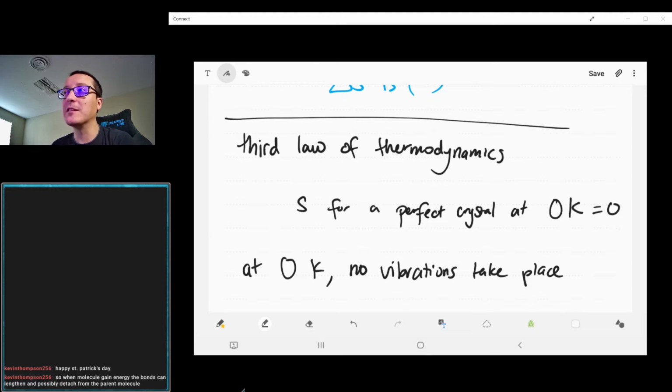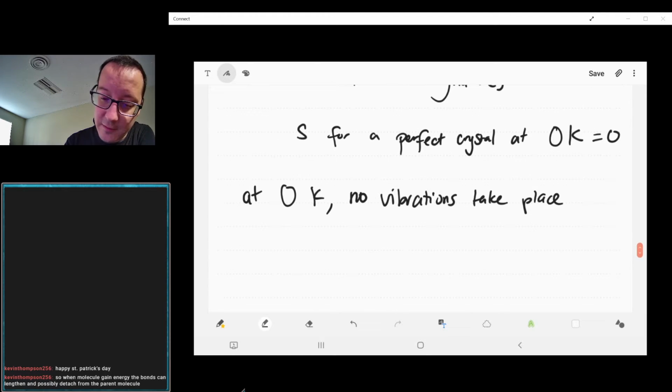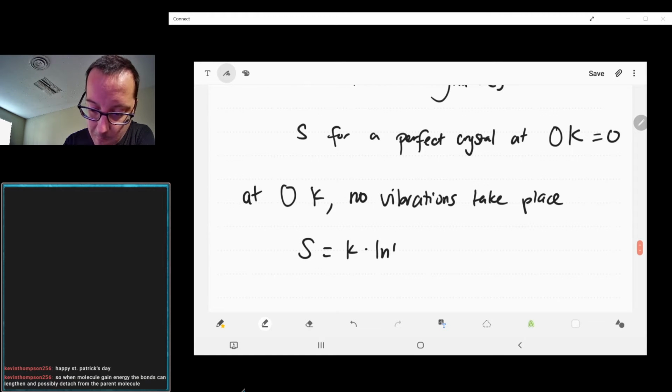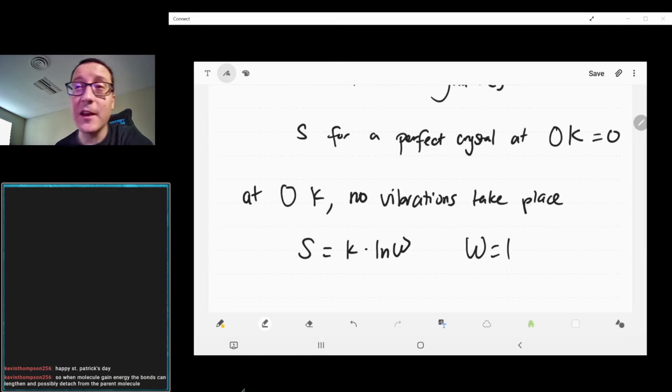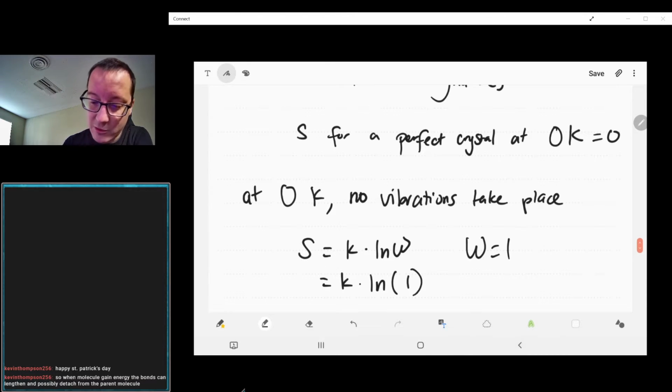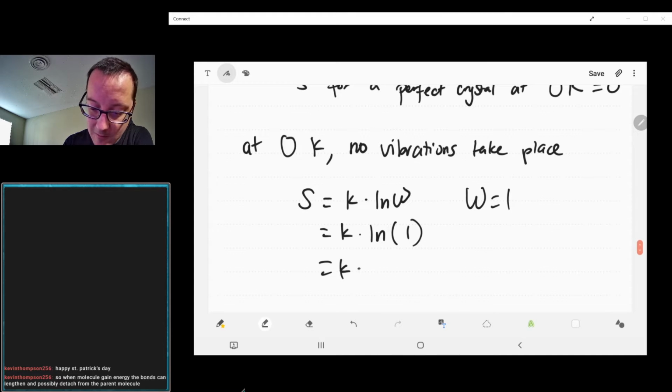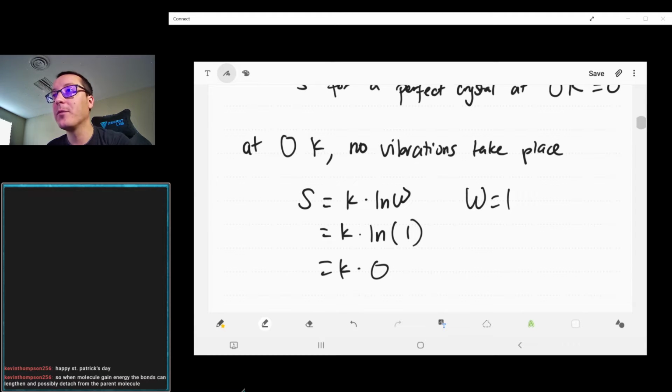That can't happen at 0 Kelvin. And so if we think about this, that means that W is 1. We only have one state it can be in. It can't vibrate, so there's no other states. And so the natural log of 1 is 0, right? So your entropy becomes 0 for that.